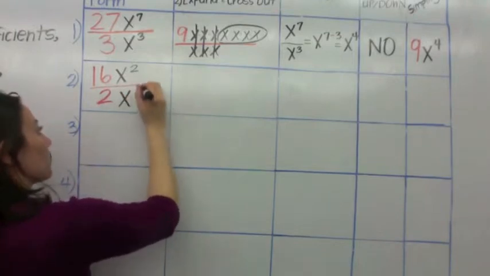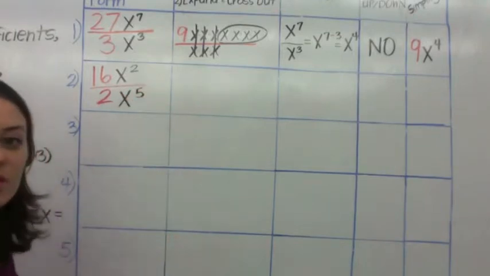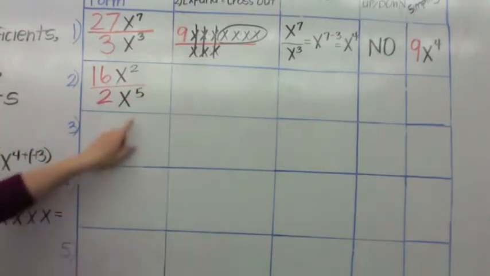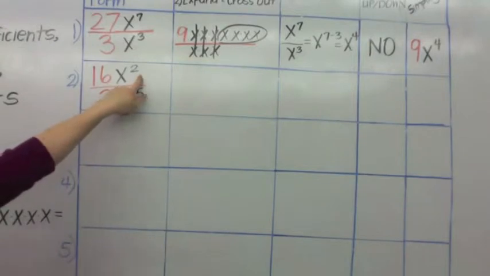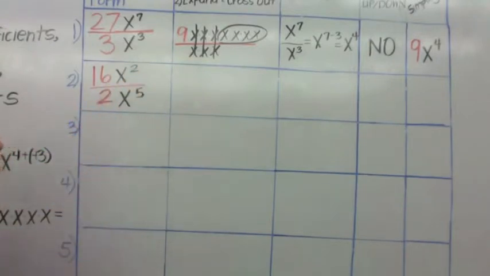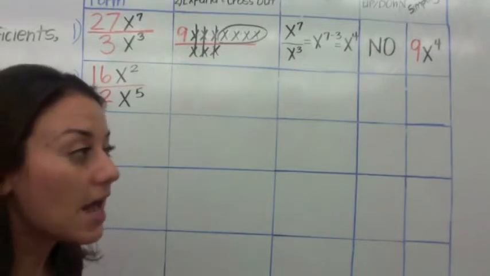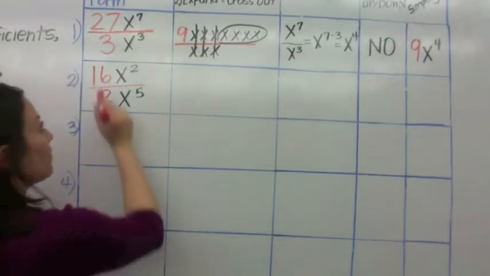Okay. So what do you notice about the exponents? Is the bottom exponent bigger? Yes. So if the bottom exponent is bigger or the top exponent is smaller, either way, what's going to happen is you're going to end up with a negative exponent. Okay? What are you going to end up with? A negative exponent.